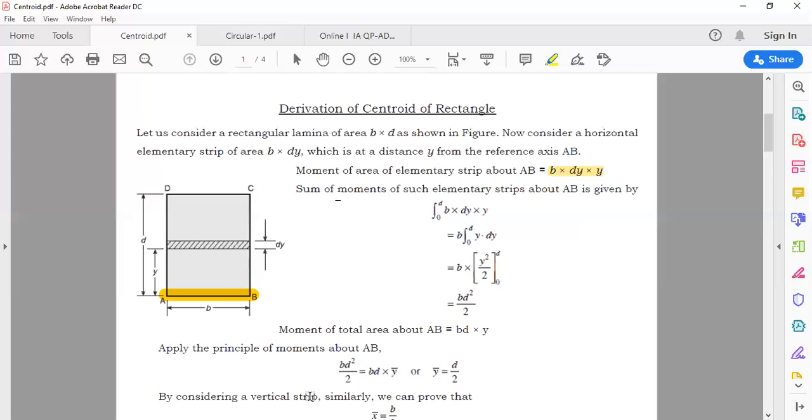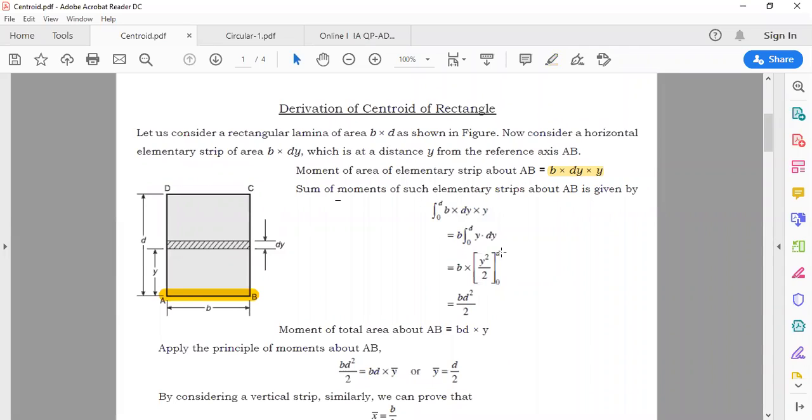B is a constant, which is taken out. Integration of y with respect to dy with the limits 0 to d. So it is b into the integration of y, which is y square by 2, limits 0 to d.